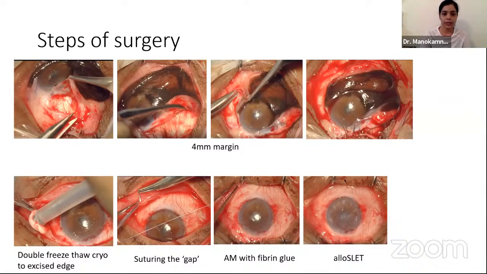Alcohol epitheliectomy was done to remove the epithelium. Then double freeze-thaw cryo was done to the excised edges. The gap was sutured using a tenon-scleral suture. Amniotic membrane was applied to the bare area and stuck with fibrin glue. Allo-limbal bits were then placed over the amniotic membrane and a bandage contact lens was applied.